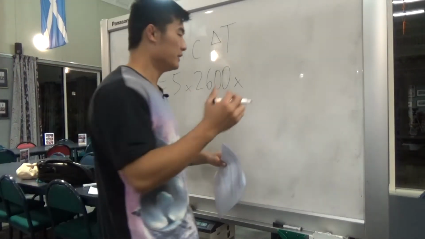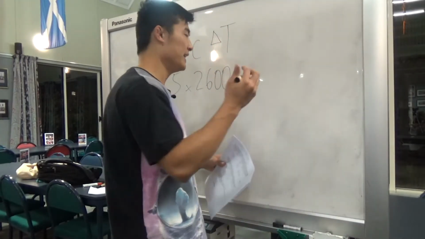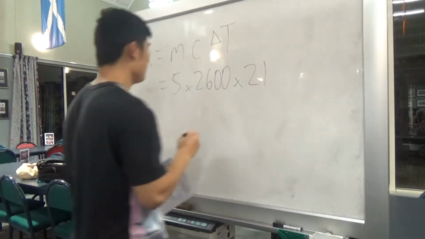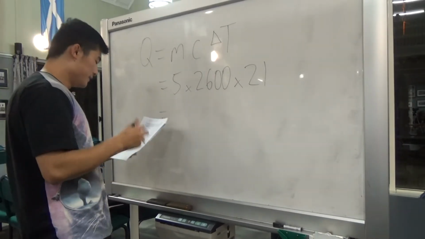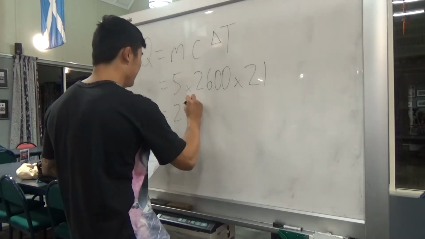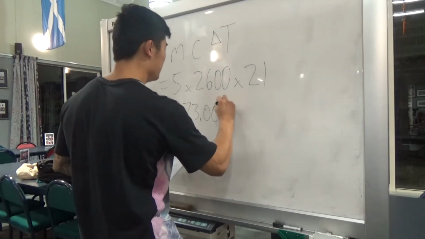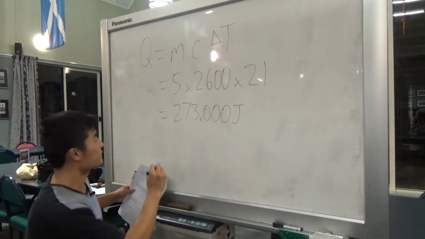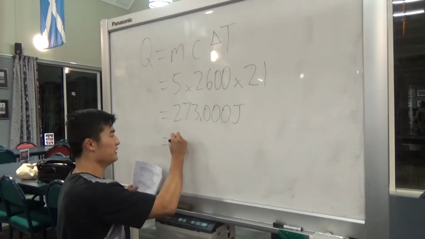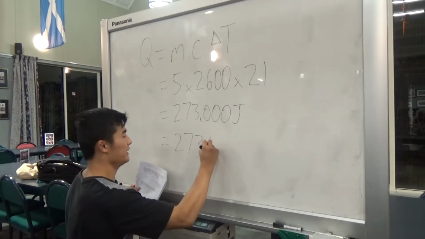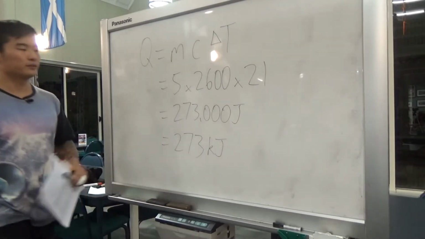But if you were trying to be completely accurate, it would be negative. So that's 21. And that will give you an answer of 273,000 joules. And you want that in kilojoules, so you'll just divide it by 1,000, which will be 273 kilojoules.